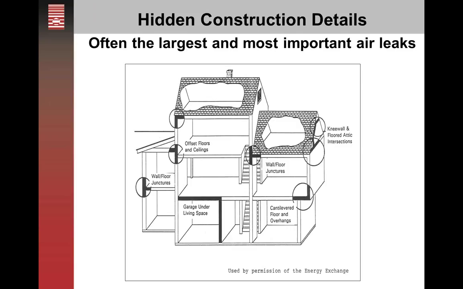So for example, a cantilevered portion or a bay window is also a very common location for leaks, which will then travel throughout the structure, or at least through the joist cavity that's present in the floor.